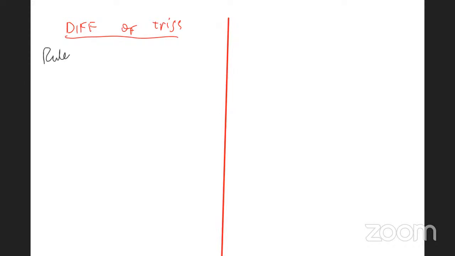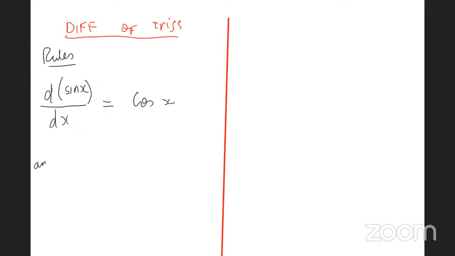Just two rules basically we have to learn. The first rule is, if we have to differentiate sin x, the differential of sin x is cos x. That's it. Whenever you see sine and you have to differentiate, it becomes cos.